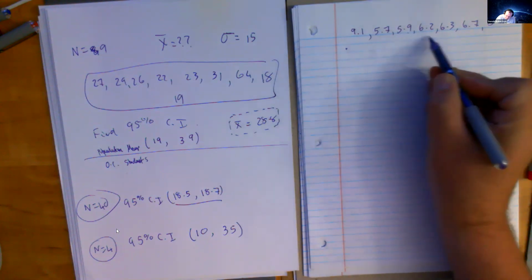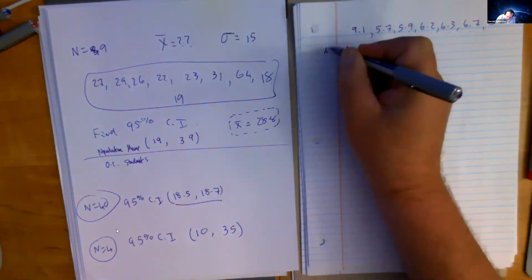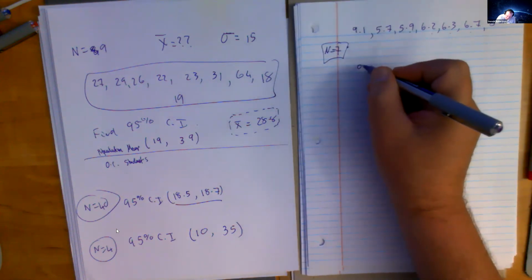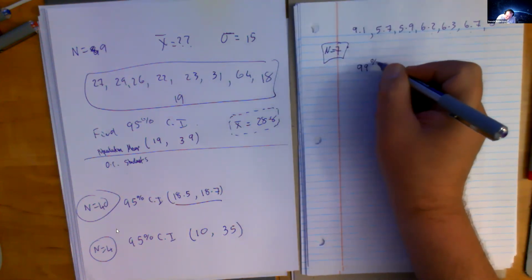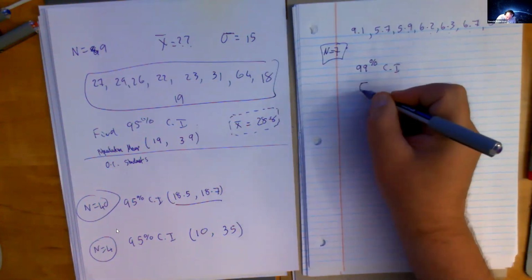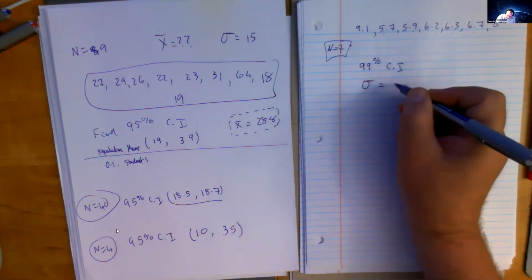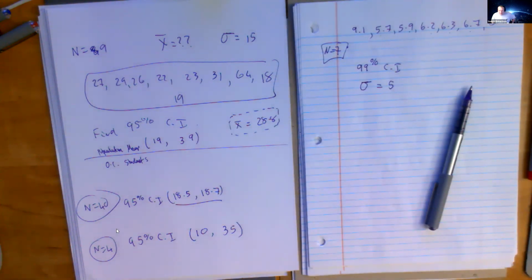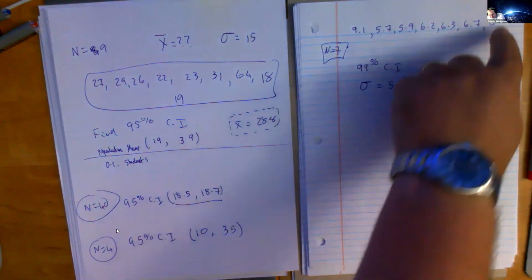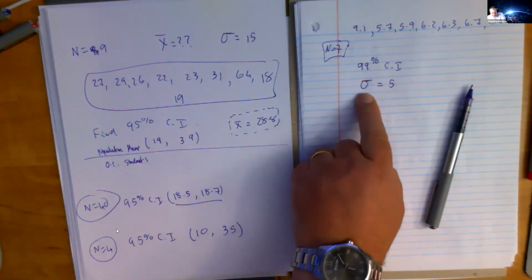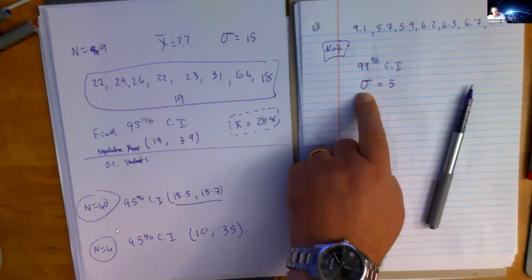That's 7 numbers. It is a very small sample set, and I would like to get a 99% confidence interval, given that sigma is 5. So using this data set, find a confidence interval where the population standard deviation was 5.